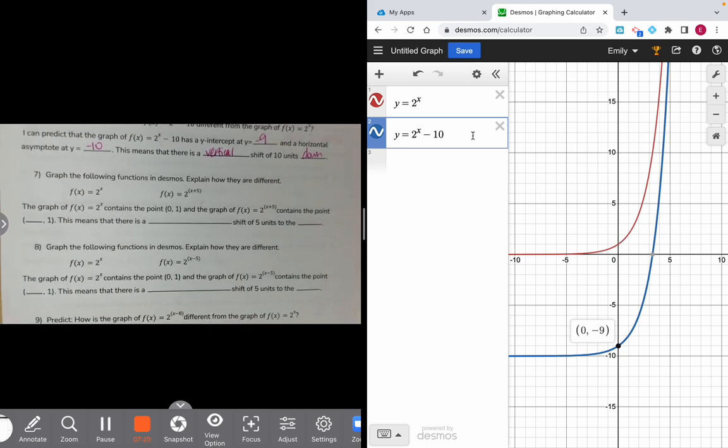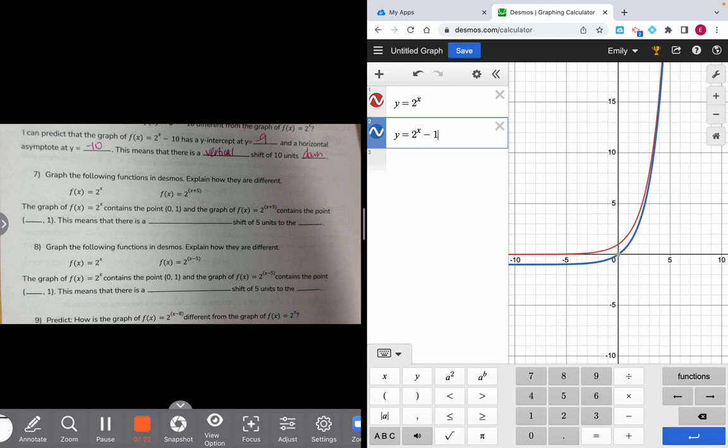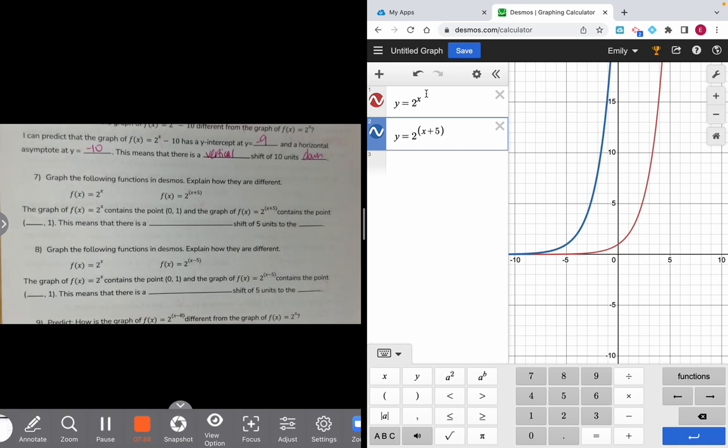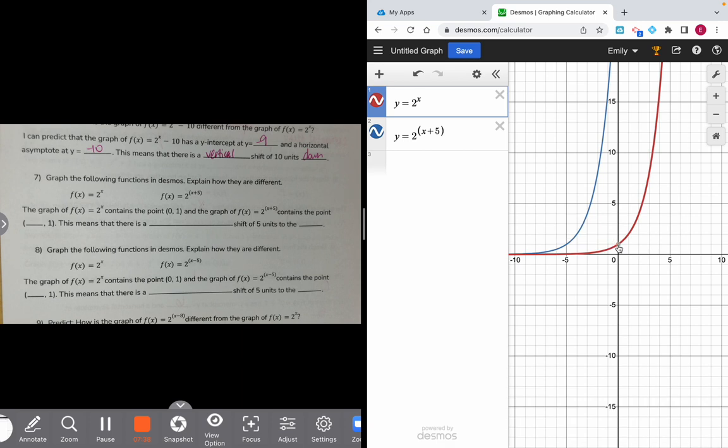So now, this time, instead of making a change out to the side, we're actually going to put some parentheses up here, and we're going to change the exponent. So we're going to make this an x plus 5, keeping that red line still the same. So you'll notice that this still has the point 0, 1, not the same y-intercept up here. We're not going to look at that though, but it asks us, it contains the point what comma x.